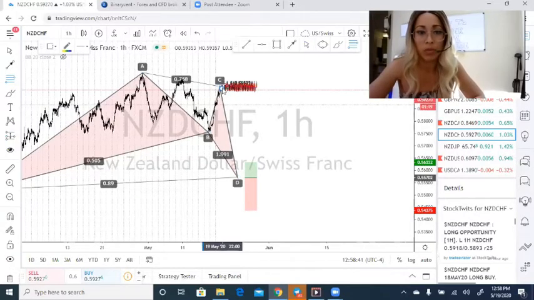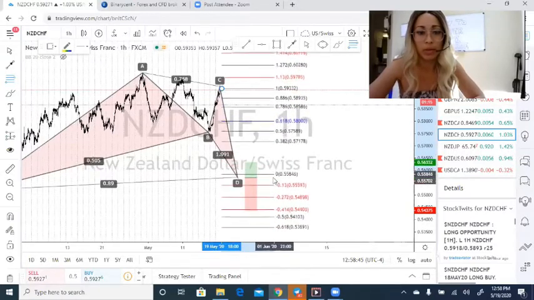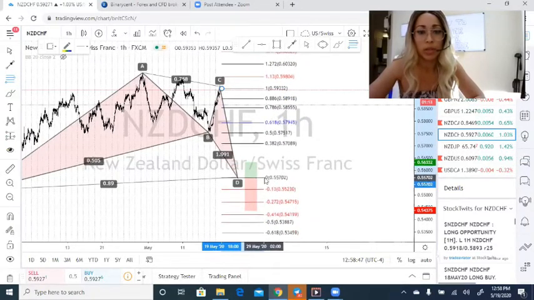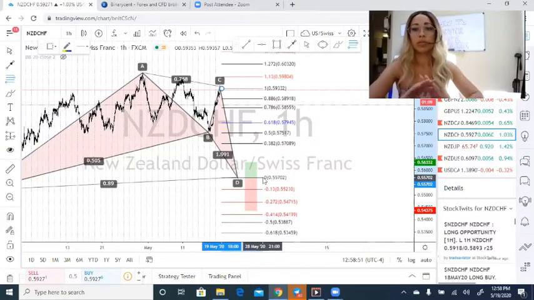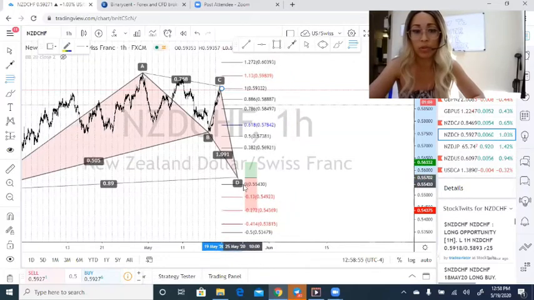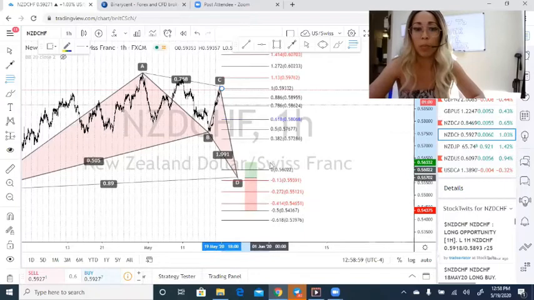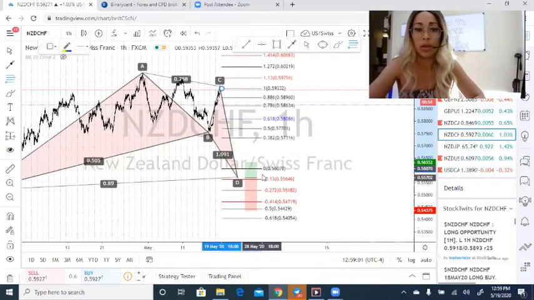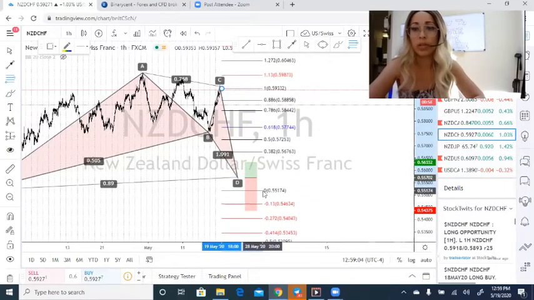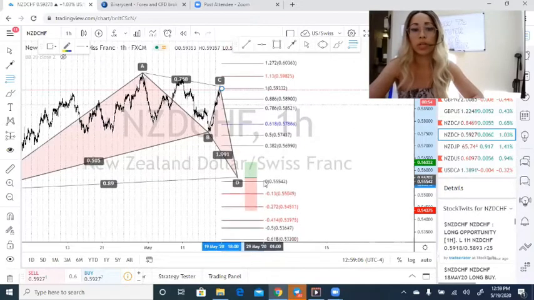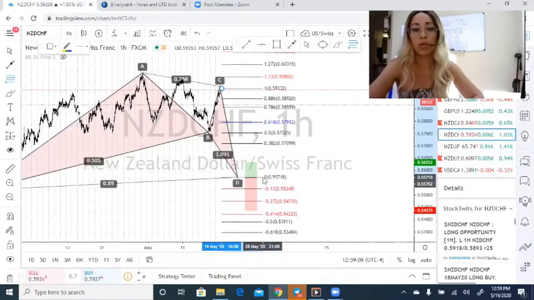I'm going to bring this very top point from here, and I'm going to bring it down to where my entry should complete. However, when price actually does get there, if it does push down a little bit further, I need to readjust my take profits by measuring from C down to wherever that wick does actually touch. But for right now, until price gets there, we're going to leave this right here at that 88.6.